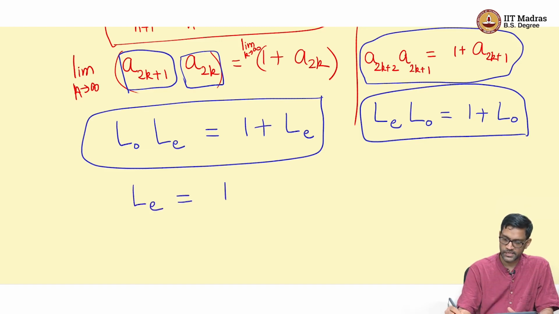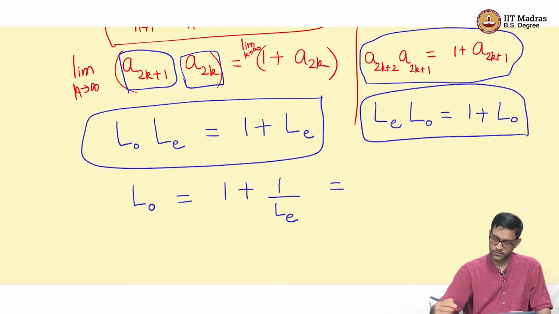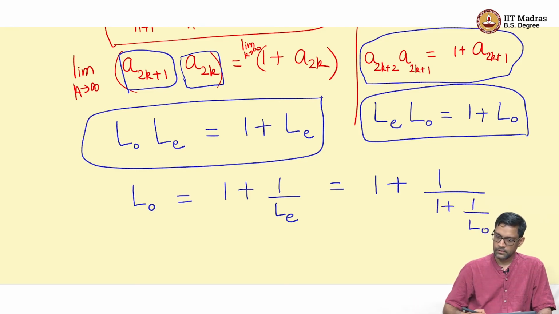So the first equation tells me L even is 1 plus 1 over L odd. Now from the second equation, I replace L even by 1 plus 1 over L odd.